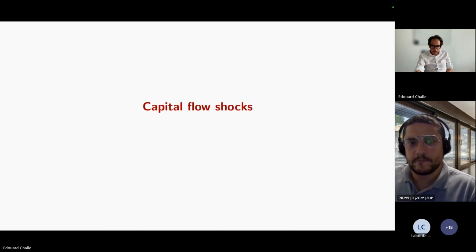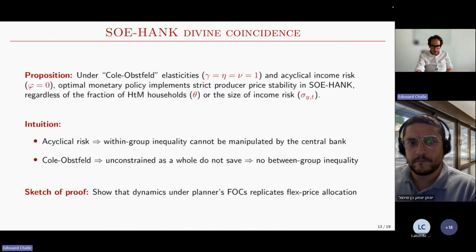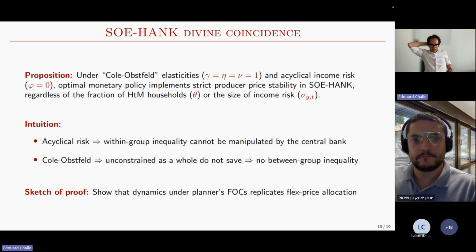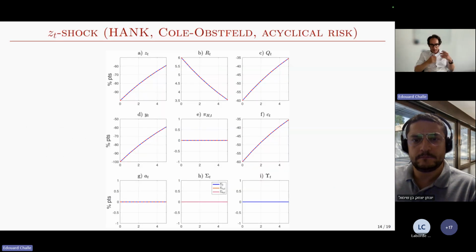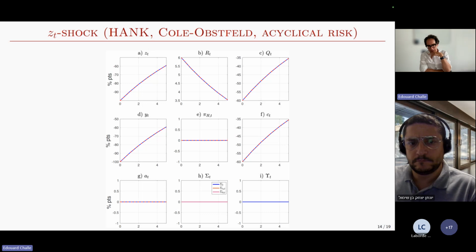So if you look at panel G, the dashed red line is rank, and it says that trade is balanced because there is no change in net foreign assets, and HANK and RANK deliver the same.